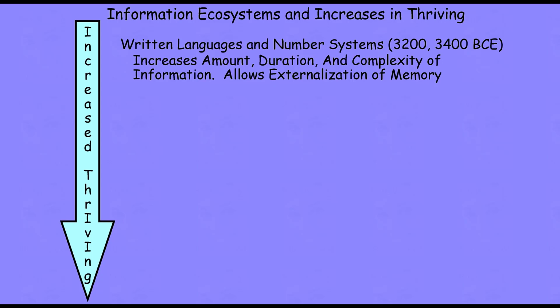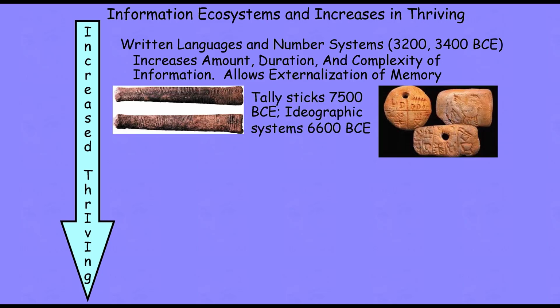The evolution of written languages and number systems begins approximately around 7500 BCE. We see early tally sticks. Those are primitive counting devices where you notch a stick to indicate you've counted one member of something. And ideographic systems like the ones you see on these tablets here from 6600 BCE.